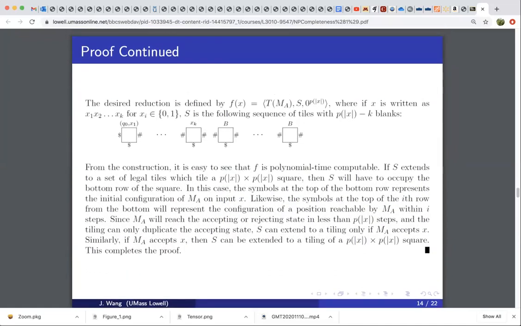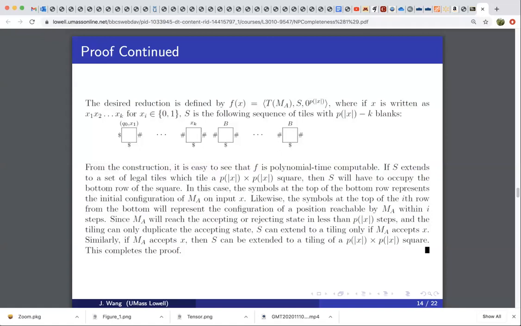So the desired reduction is the following. We just constructed a set of tiles. We are going to denote the set of tiles T of MA because it comes from MA, from its transition.